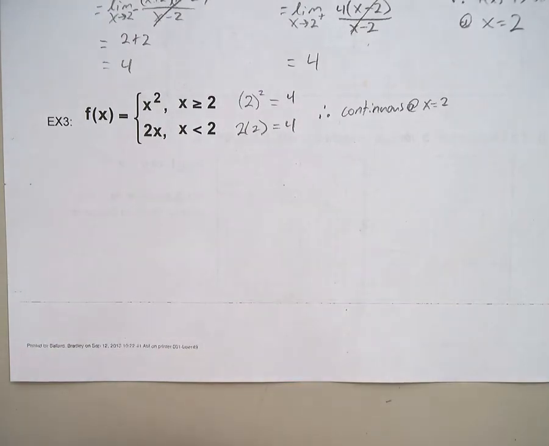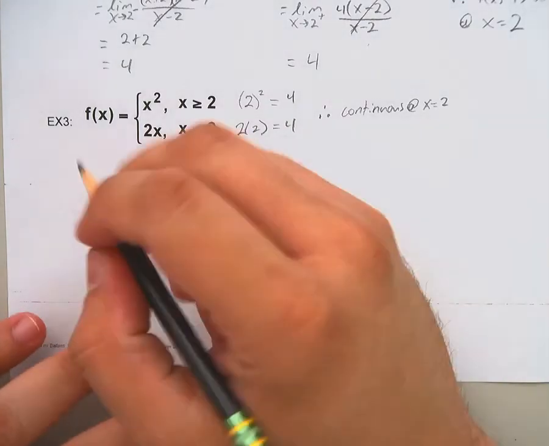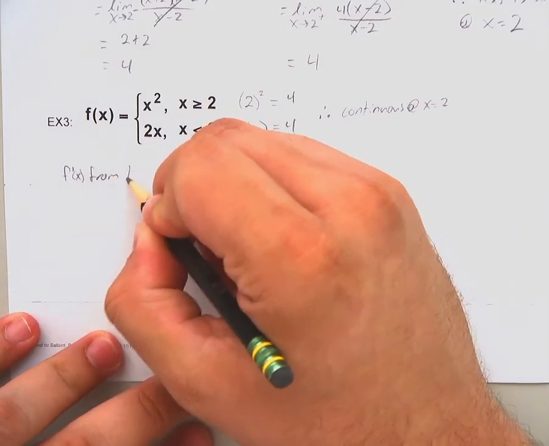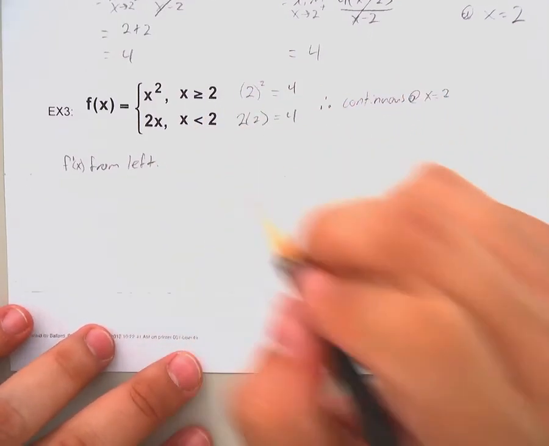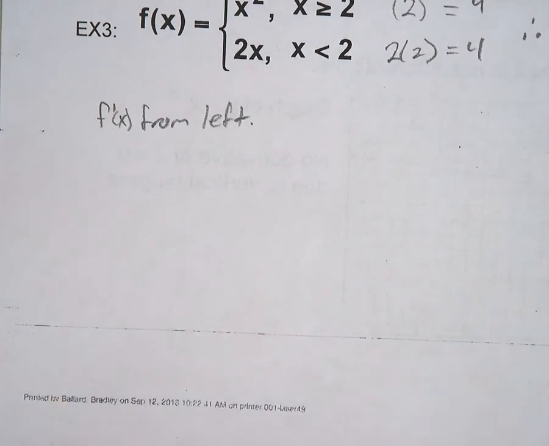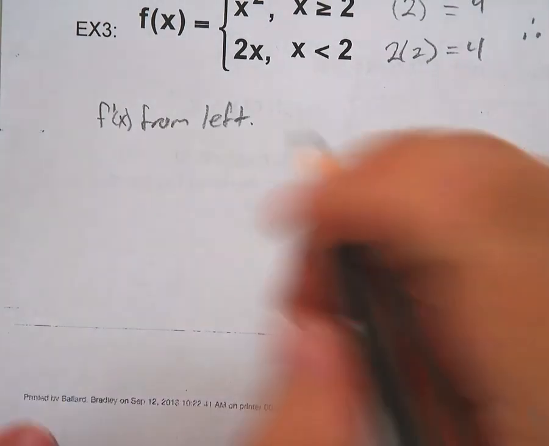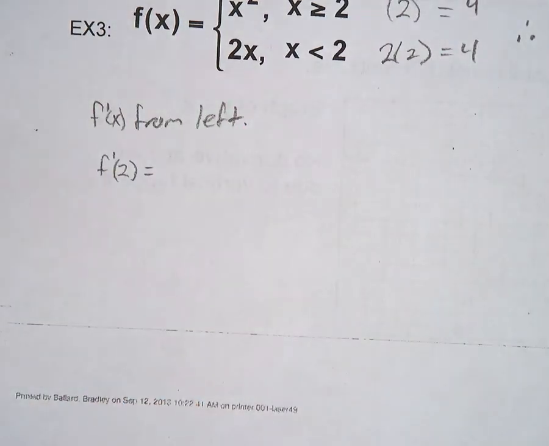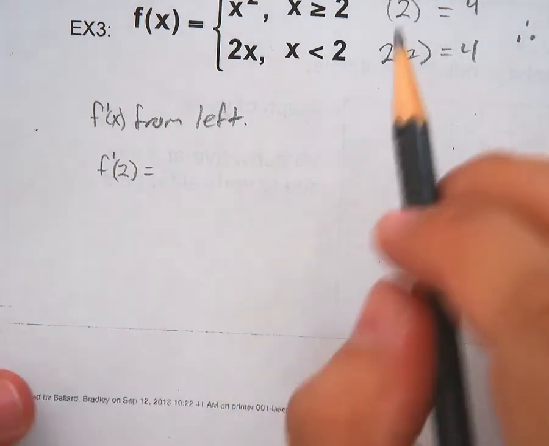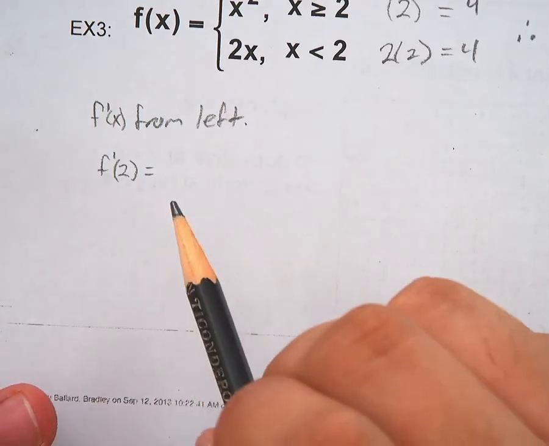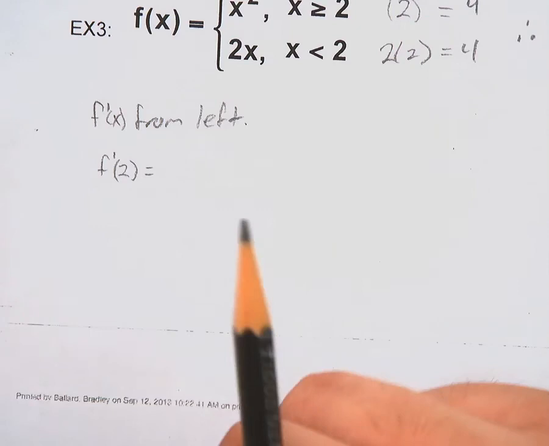So we know it's continuous now. Let's see if we can find derivatives for it. So we've got f prime of x from the left. Let me zoom in just for this portion here so you can see this a little bit better. F prime of x from the left, we've got the f prime of 2. And from the left, we use this bottom one here. So from the left, we're going to use the one where x is less than 2.